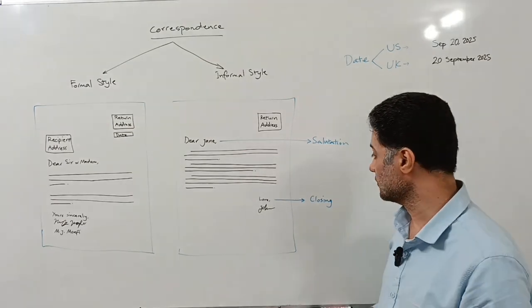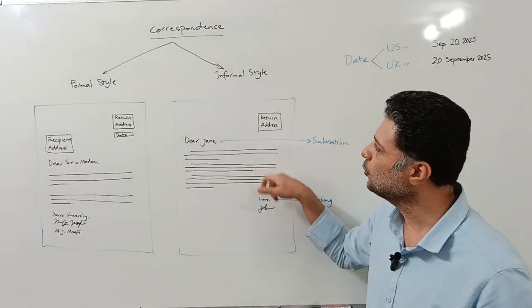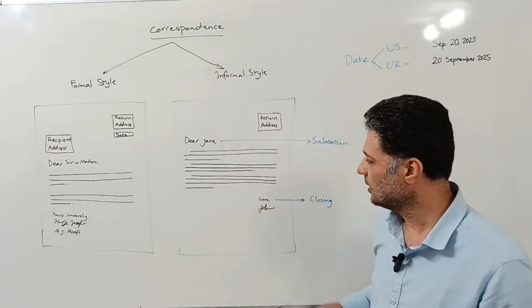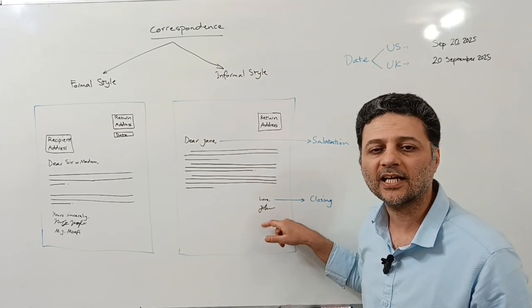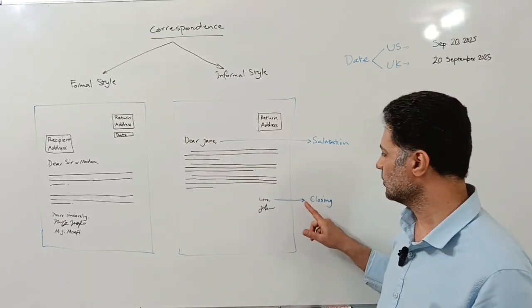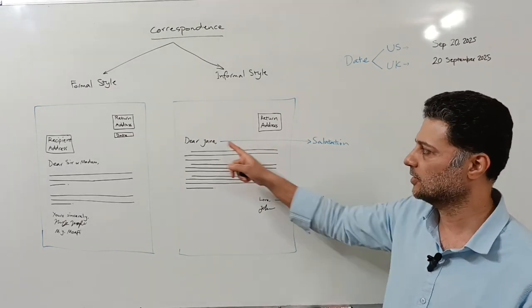You can search in Google and find them out, right? And then you sign, because normally informal style letters are not typed, so you don't need to type your name there. You can even sign only with your first name rather than your full name. Anyway, this is the closing, as I called it, all right? And this is the salutation.